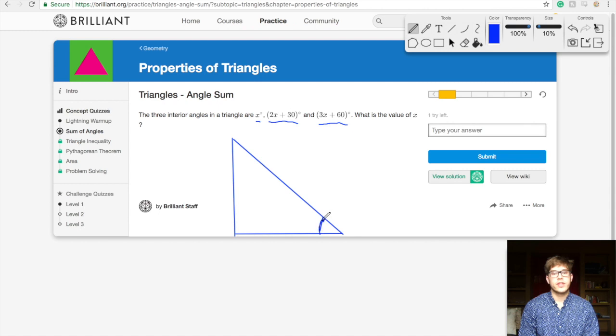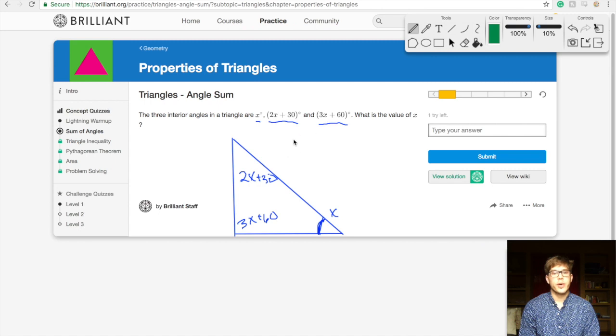It's a visual sense, right? So we have one angle, which is x, another angle, which is 2x plus 30, and then a third angle, which is 3x plus 60. And what do we know? Well, we know that angles of a triangle must add up to 180 degrees.